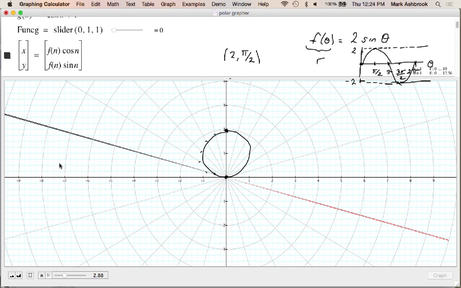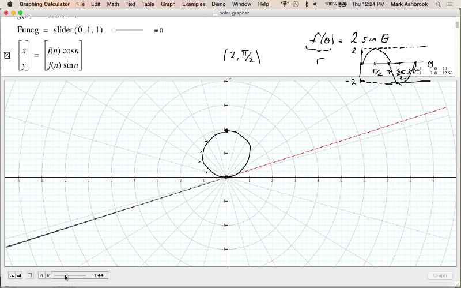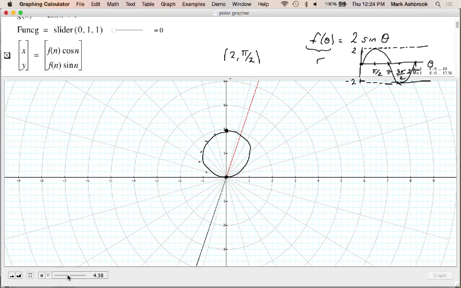As theta changes from pi to 3 pi over 2, what's our value of r? Negative. What to what? 0 to negative 2. So what quadrant would that plot in?